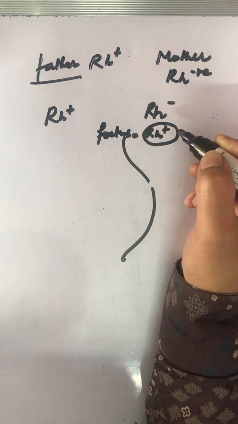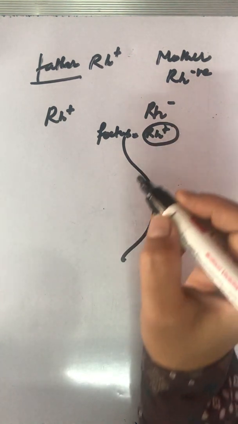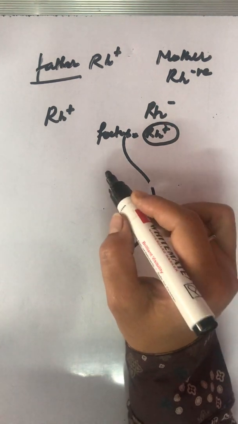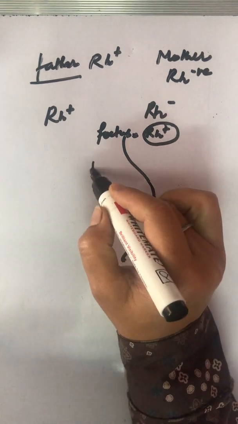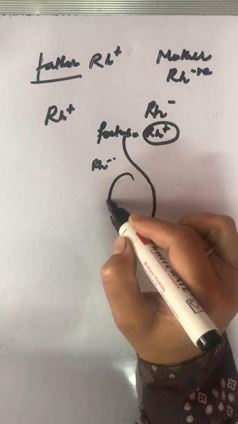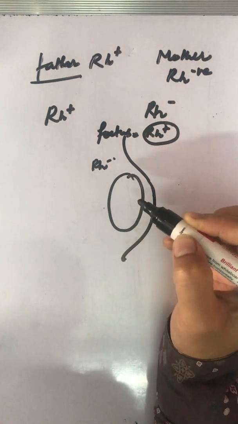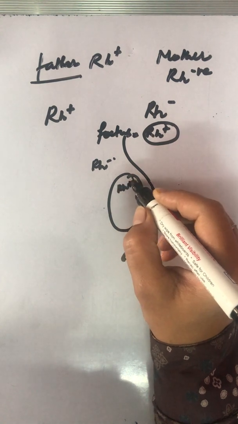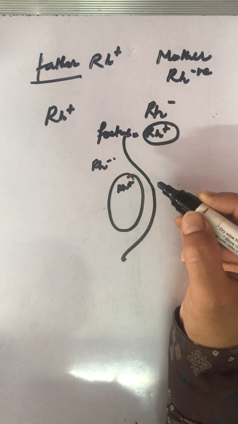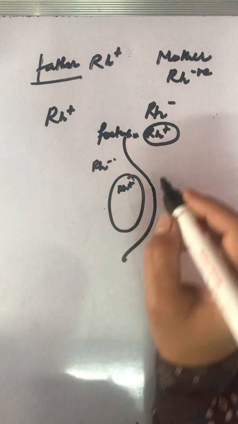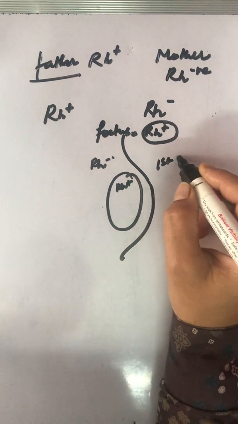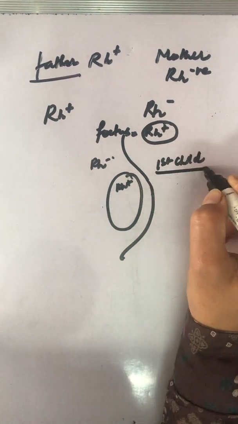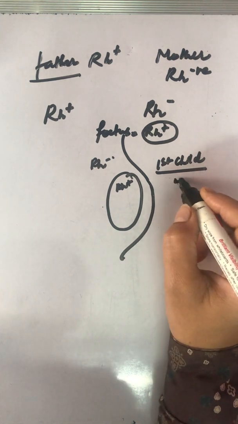This is a serious problem. Why? Because the Rh negative blood of the mother has not earlier come in contact with the Rh positive blood of the fetus. So her first child will suffer no problem.